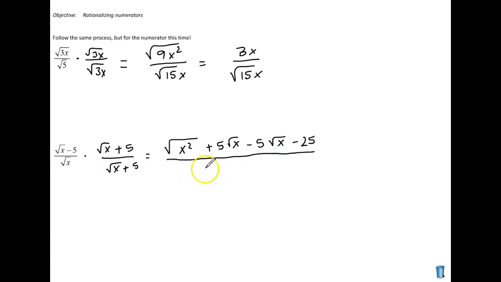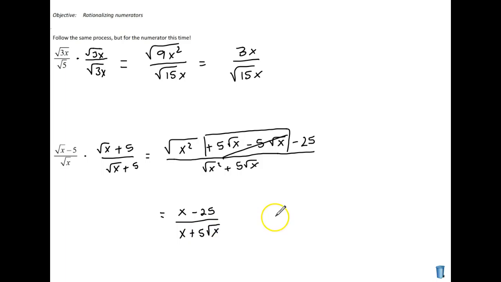And our denominator is square root of x squared plus 5 square root of x. Okay. These two middle ones are going to cancel. So I'm left with x minus 25 in my numerator, and square root of x squared is x plus 5 square root x for my denominator.